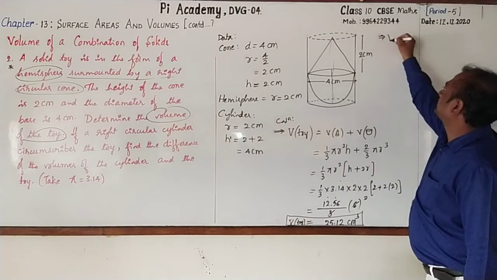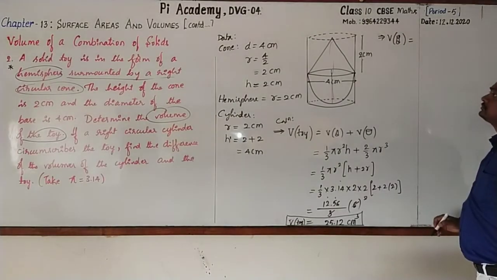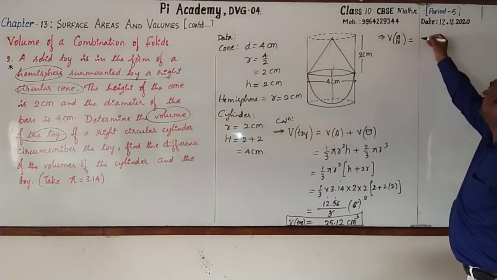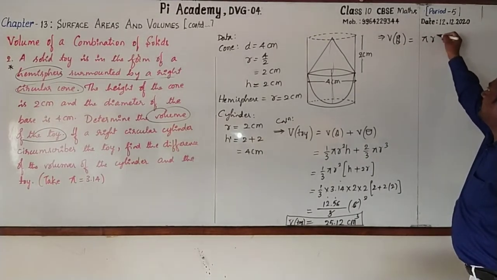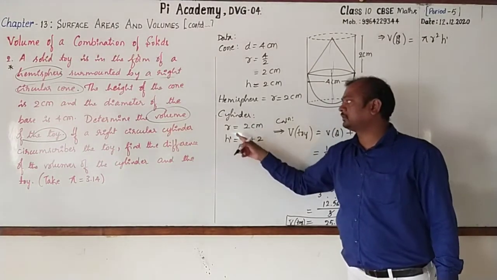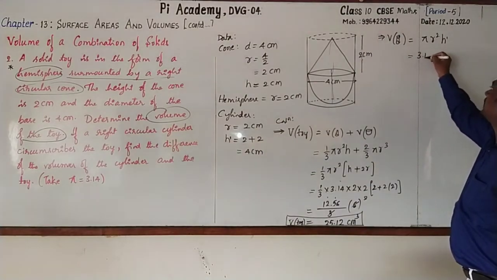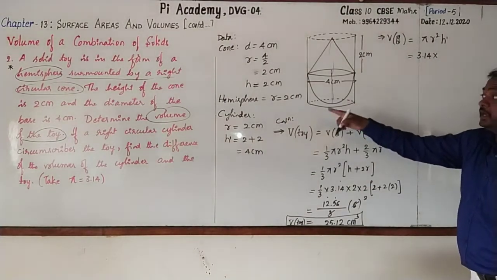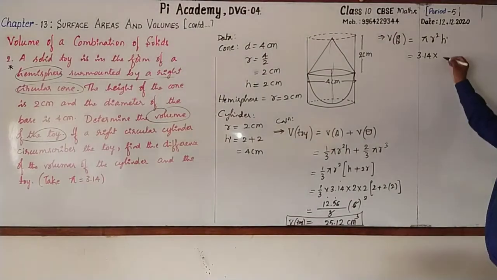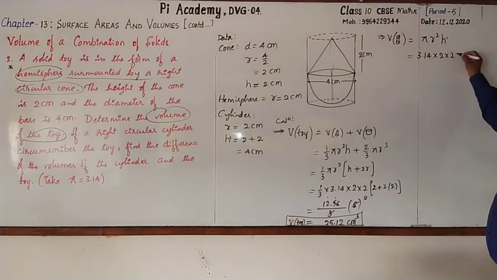Here, volume of cylinder is equal to pi r square h dash, because here we have taken the height of the cylinder as h dash. Now substitute, where pi is 3.14 and the radius of the cylinder is 2 centimeter. 2 into 2, h dash is 4.